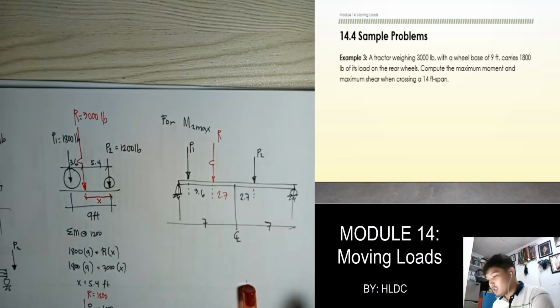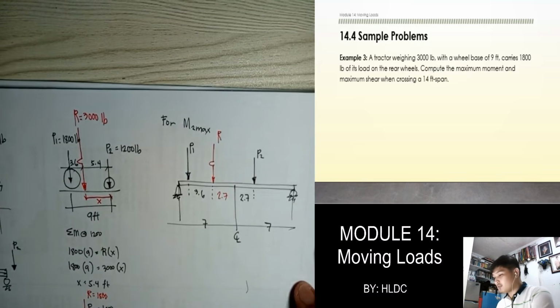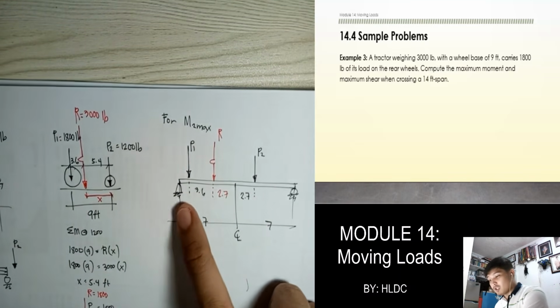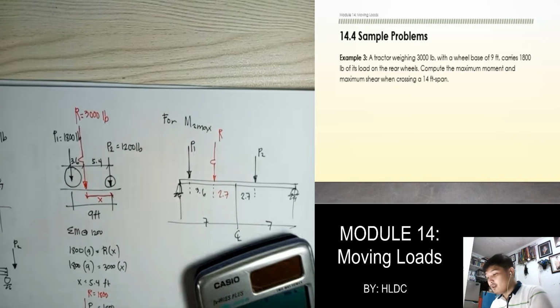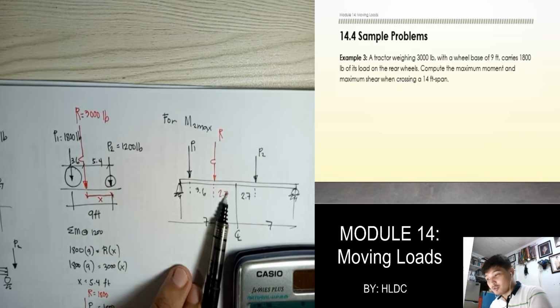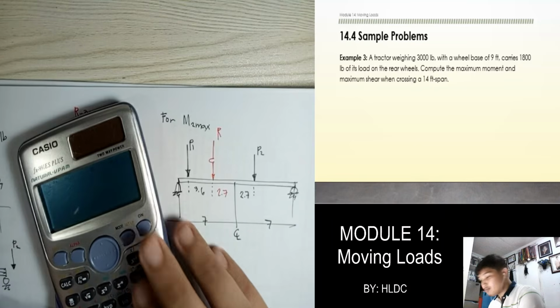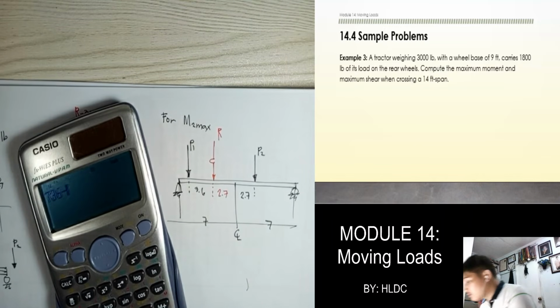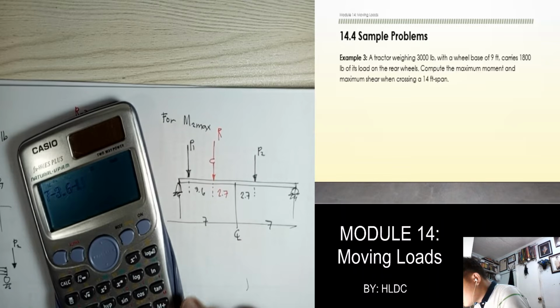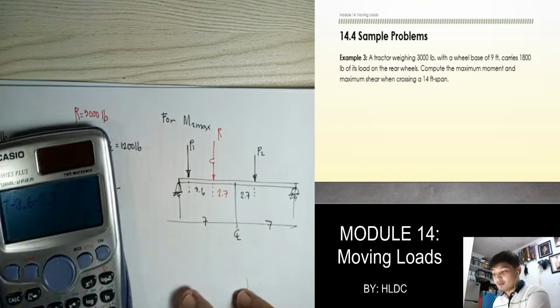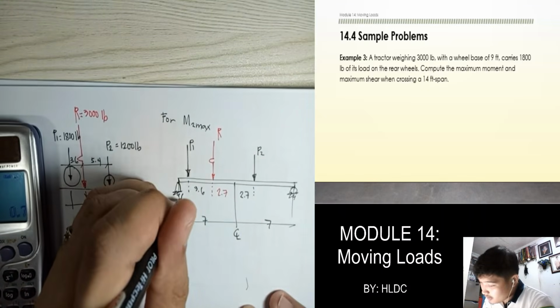Now, before proceeding again sa pagkuha ng reaction, first check kung logical yung magiging mga values dito. So kung 7 ito, 3.6, 2.7, ilan to class? So 7 minus 3.6 minus 2.7. Okay, so lumabas is a positive value. So therefore, logical pa yung distance dito na 0.7.